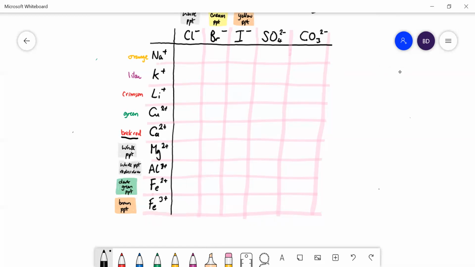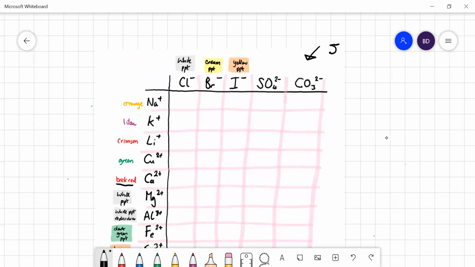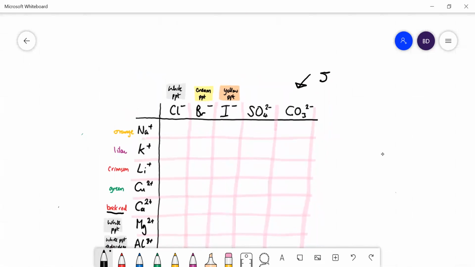For the negative ions, let's look up here. Right, the halide ions, these three here, you test for them by adding silver nitrate solution. Strictly speaking, you should acidify it as well with a bit of nitric acid.